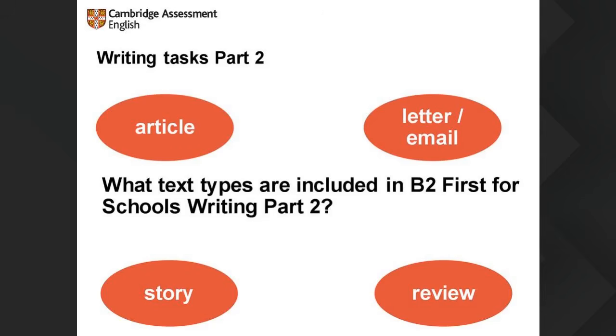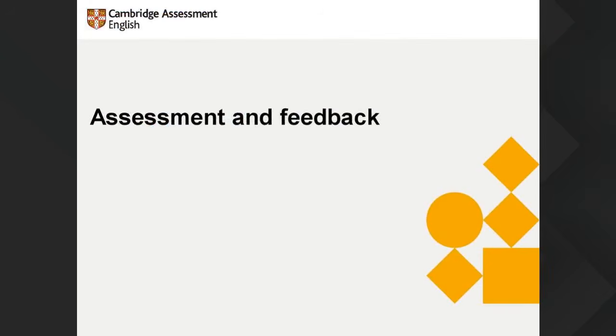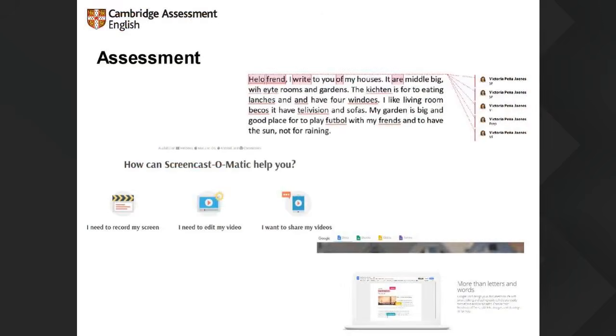So assessment, our favorite. Victoria? Yeah, we are going to look at some tools that we can use when teaching online, but also when teaching face-to-face. Why not? On a Word document, we can use the track changes option or the comments.